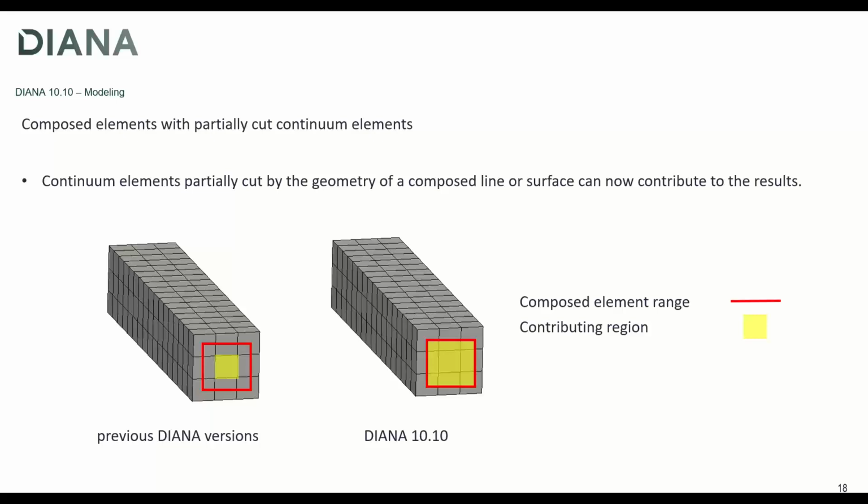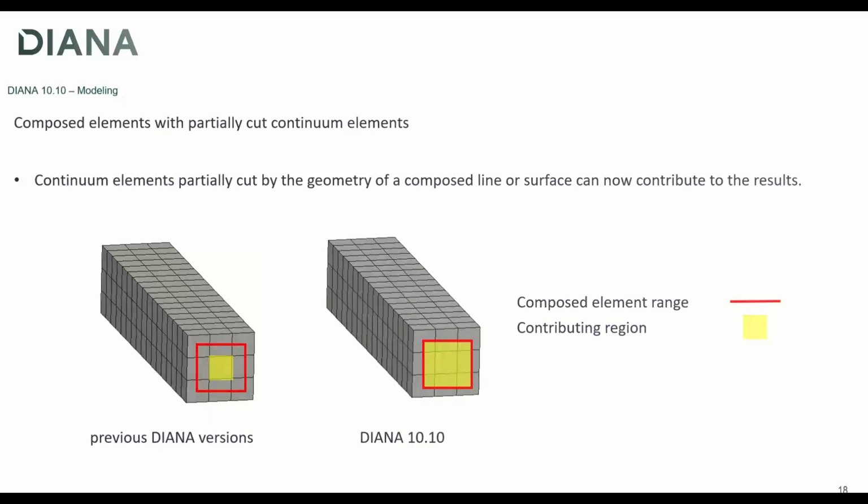In Diana 10.10, there is now a new option for also considering the partially cut elements. You can see the difference in the left and right images. So now every element that even has a small portion located inside the range of a composed element will be considered in the calculations.